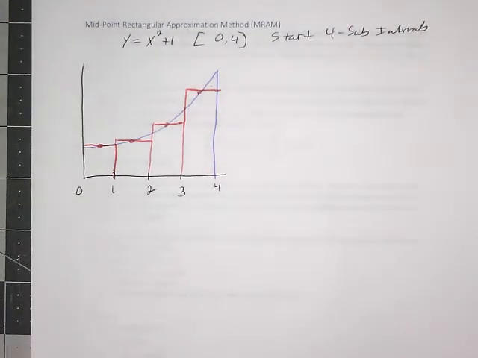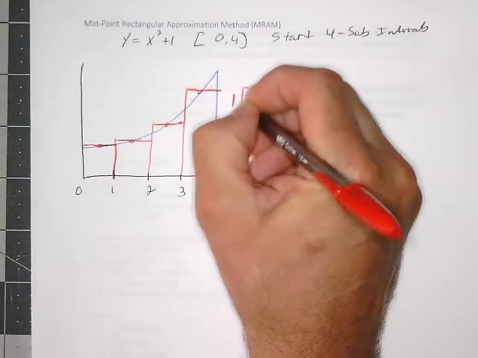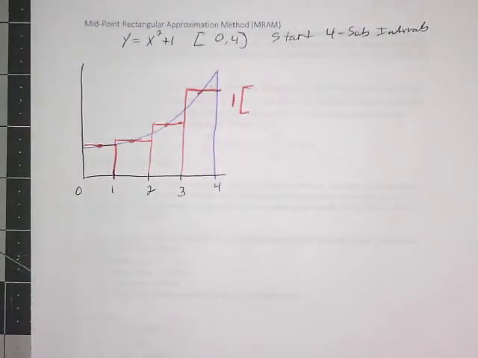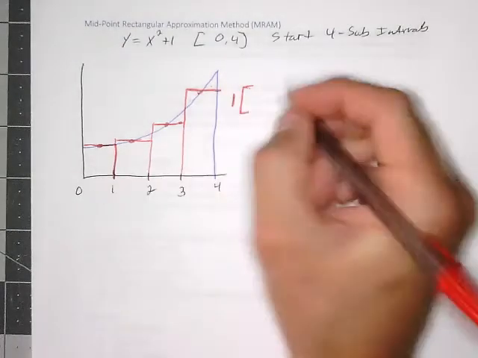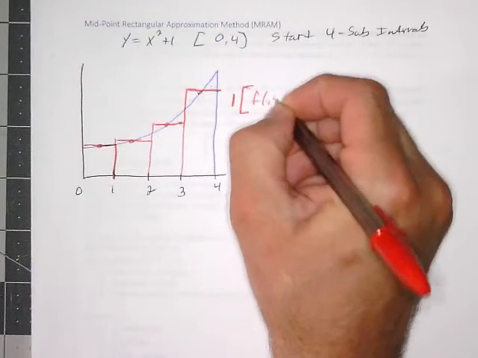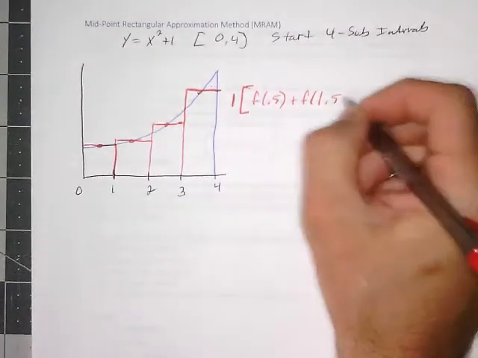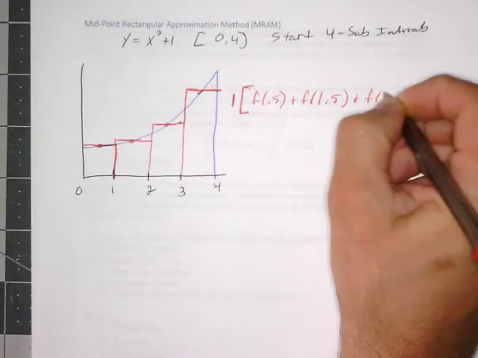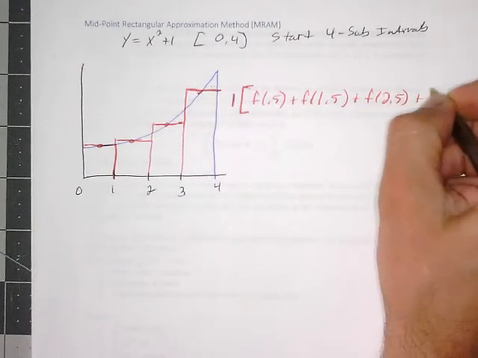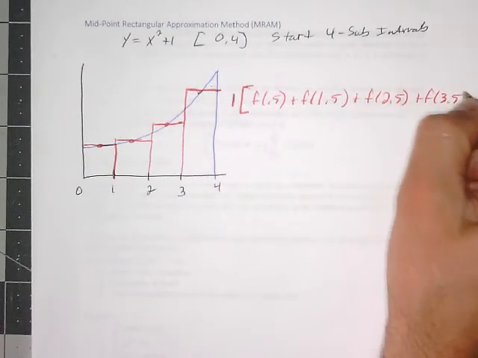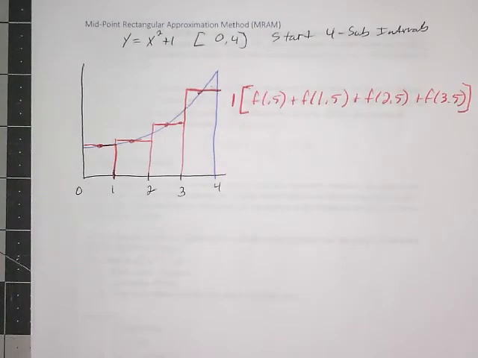So all of these still have a width of 1. So it's going to be 1 times, I'm going to factor the 1 out, f of 0.5 plus f of 1.5 plus f of 2.5 plus f of 3.5, because we're going with the halves.